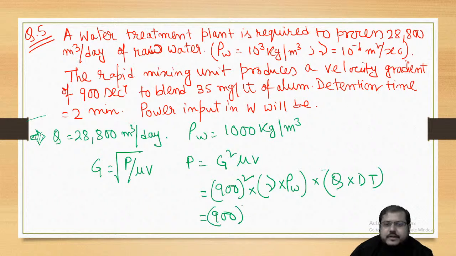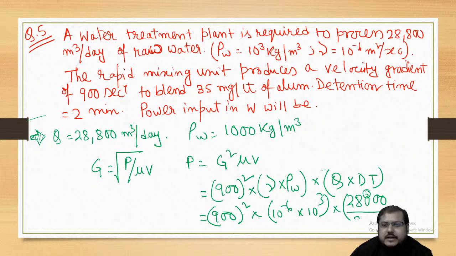So 900 second inverse squared into 10 to the power minus 6 into 10 to the power 3 into Q, which is given as 28,800 meter cube per day by its detention time in minute. So 24 into 60 into 2. Your final answer should be 37,800.